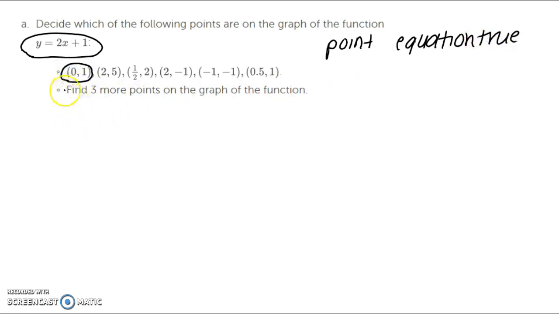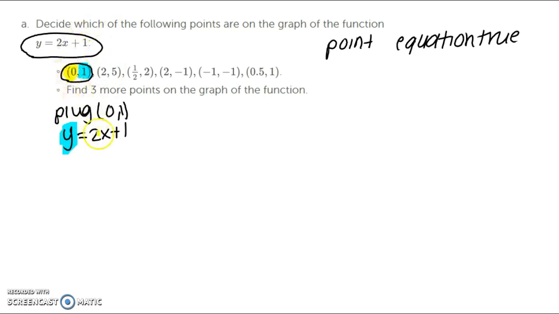So if I plug 0, 1 into y equals 2x plus 1, and both sides are equal, it means that equation is true. So if I plug my 0 in for x and my 1 in for y.